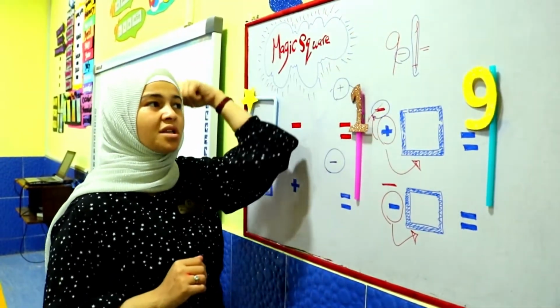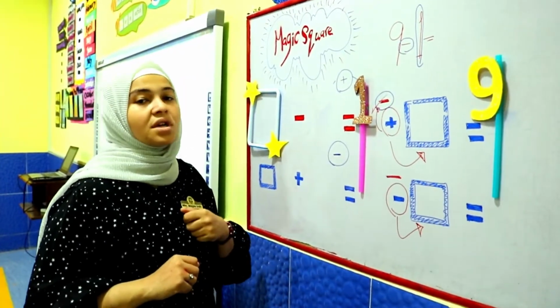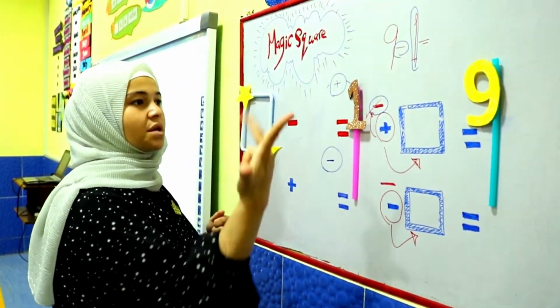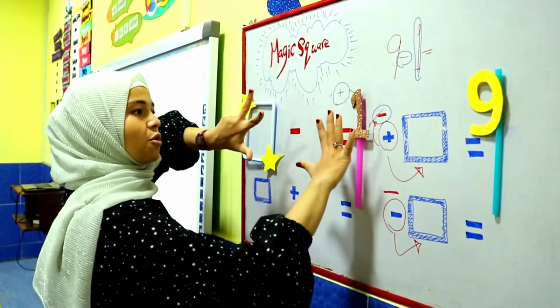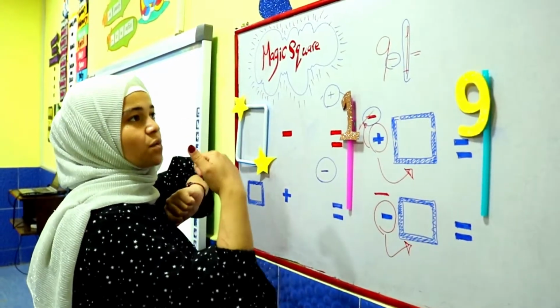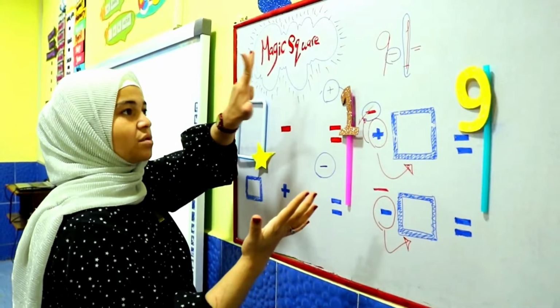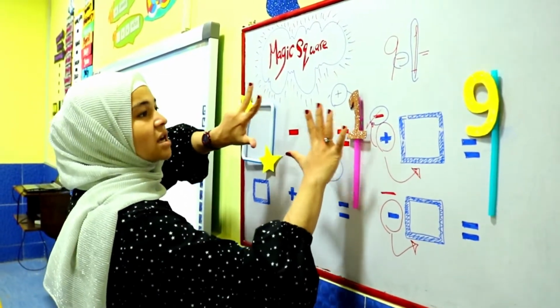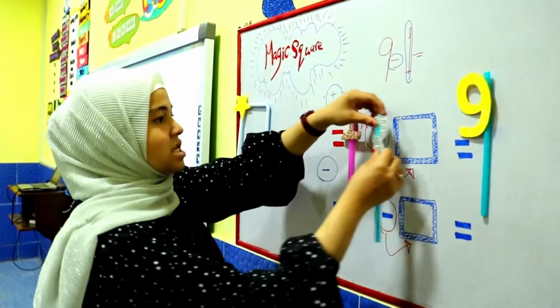So put 1 in my mind as the smaller number, and count to reach 9. After 1, 2, 3, 4, 5, 6, 7, 8, 9. So how many fingers you got? 8. Count them once again. After 1, 2, 3, 4, 5, 6, 7, 8, 9. How many fingers you got? I got 8. So I put number 8 here.